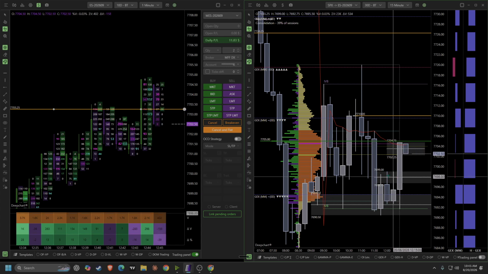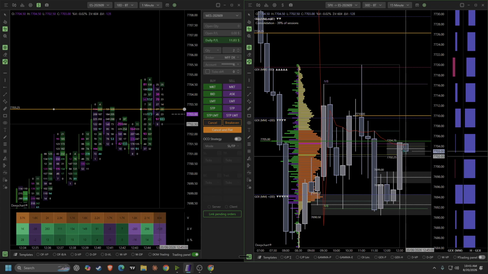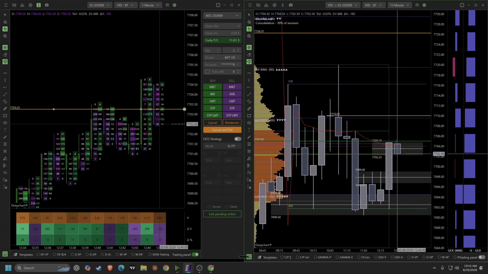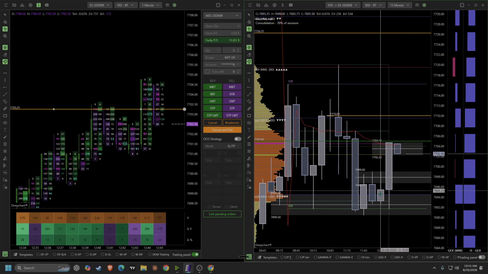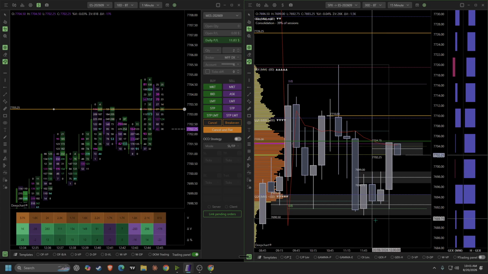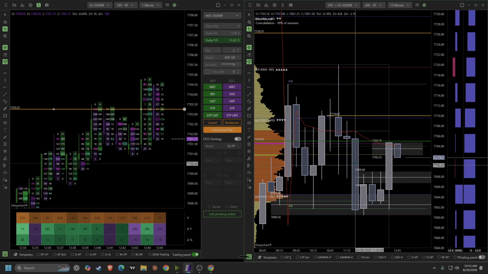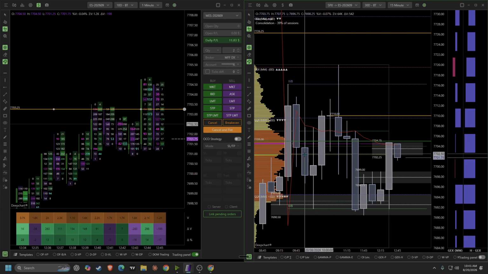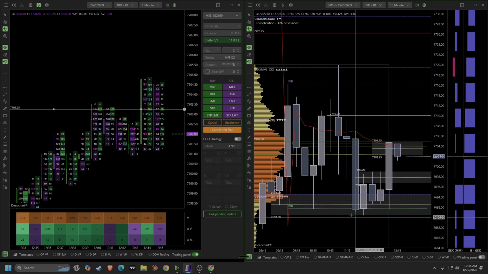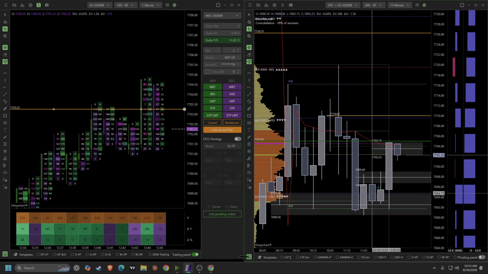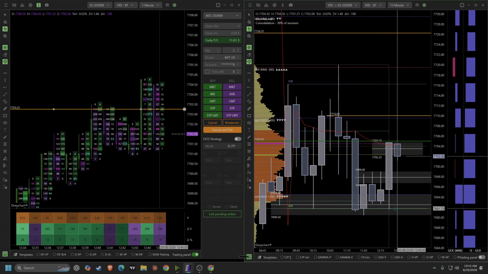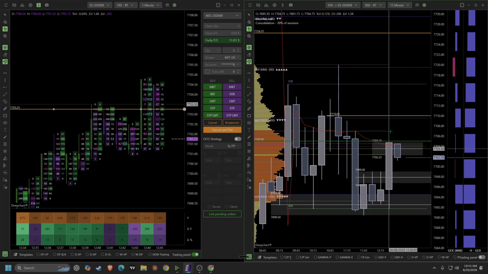Consolidated, looks like accumulation. Buyers step back in. Strong 15-minute candle, strong 30-minute move to the upside. And if we take the hourly, we broke through the previous hour low, came back, tested into the wick before moving back up.